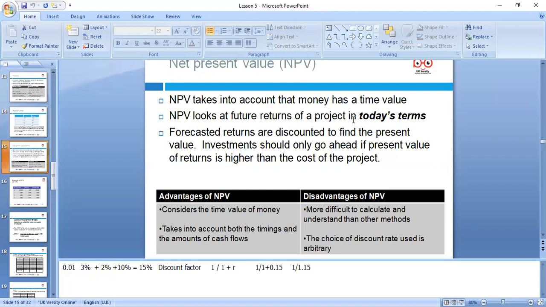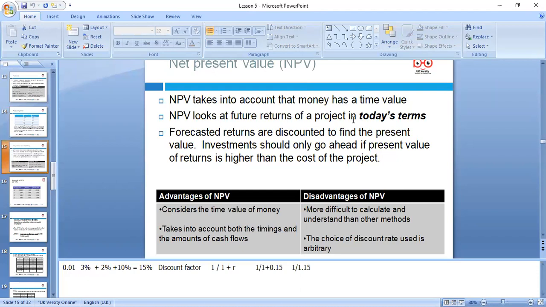Okay, then we have NPV, which takes into account the time value of money. NPV looks at the future return from the project today: the forecast returns are discounted to find the present value, compared with the investment. So this considers the time value of money, considers both timing and the cash flows, and is more difficult. Time value of money is sometimes difficult to explain.